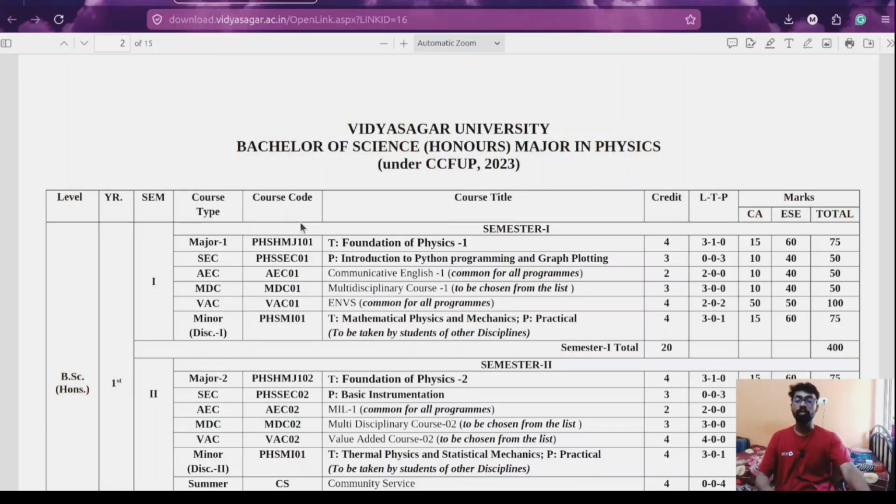So in the first semester syllabus, the course type is mentioned here, and the course code also mentioned here, and the course title is also mentioned here, okay, course title, and the corresponding credit and lectures, theory and practicals, and so on, and the marks distributions for CA and ESE and total marks basically.